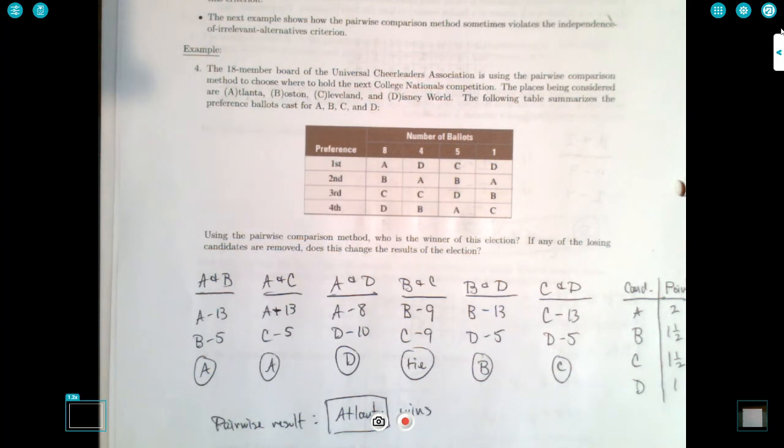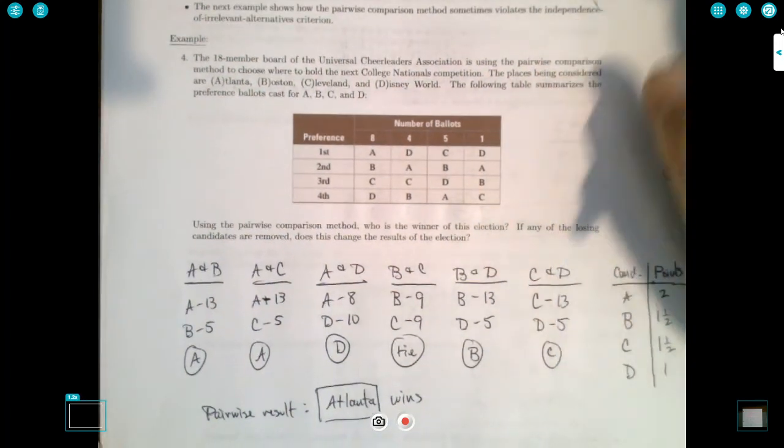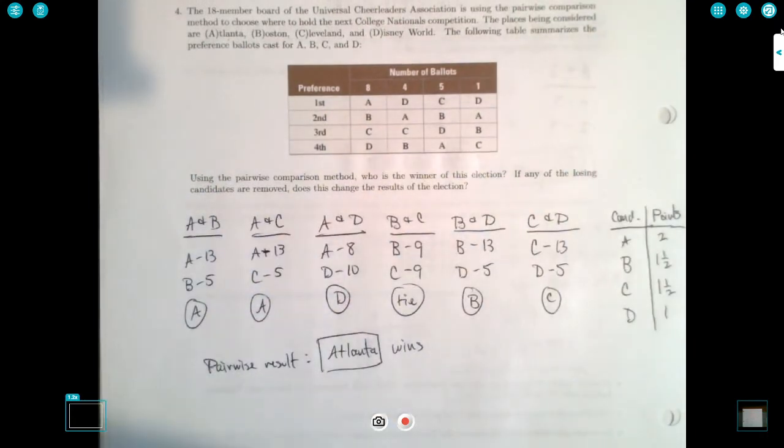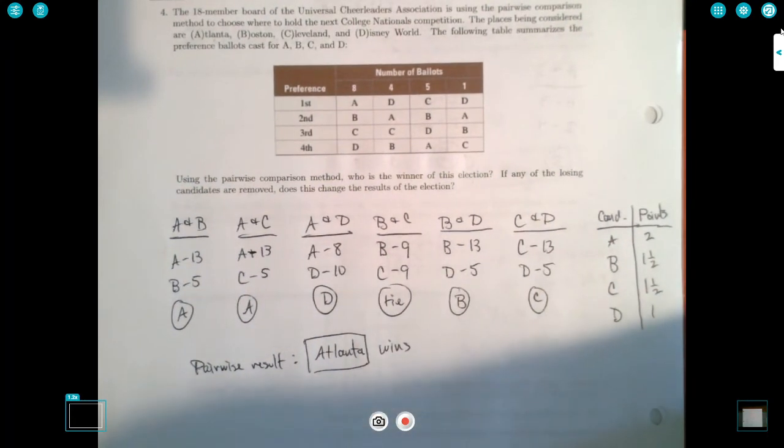Let's see. Who should we remove to try to get a different outcome? Maybe we can remove a couple of people, actually, because we can remove more than one loser.